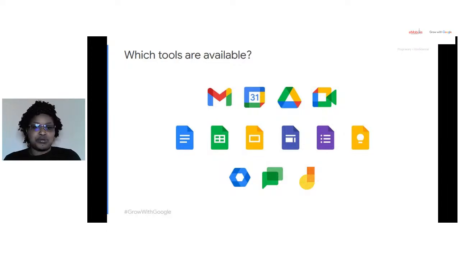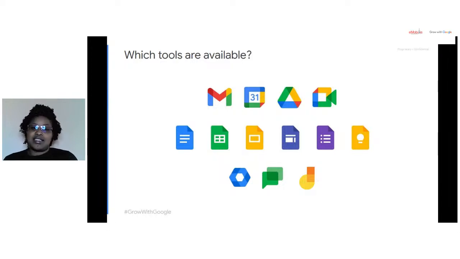Now I'm going to take you through these tools. The order that I'm going to use, I'll start with the first horizontal line from left to right. And yes, we'll continue like that. So the first one we have is Gmail. Gmail is good for conversation.